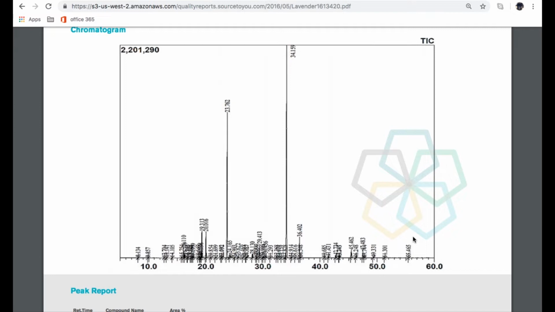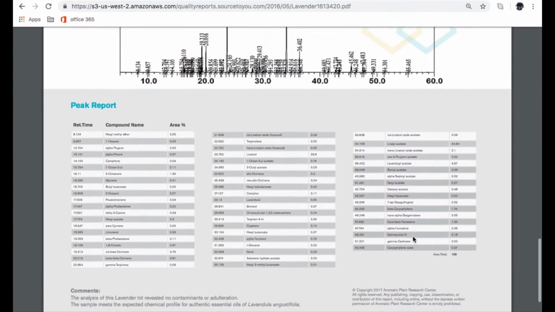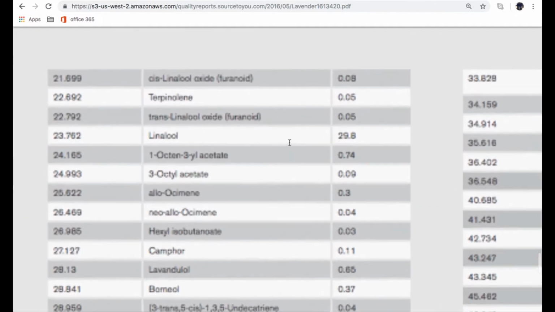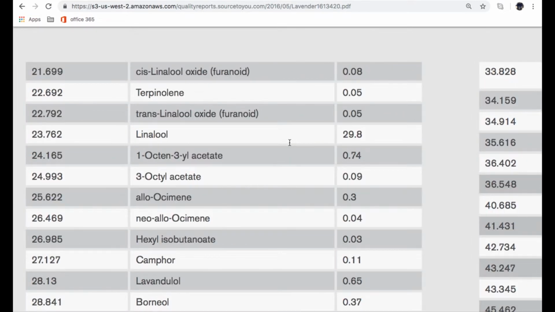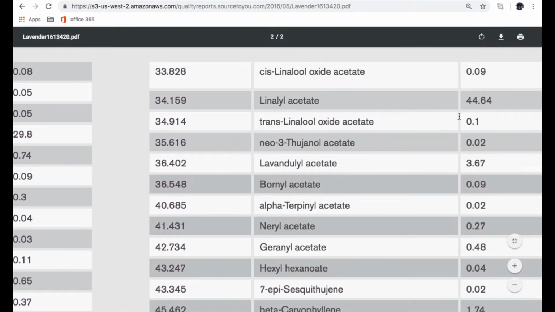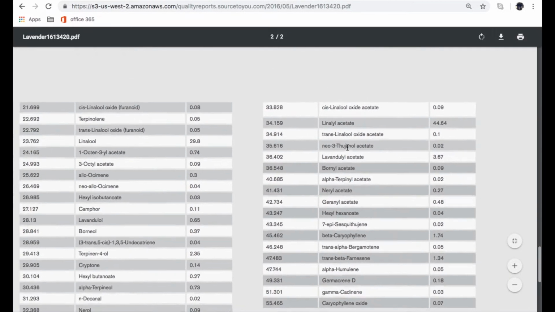For example, in lavender, the two that are highest are linalool, and this bottle here has 29.8%, and the other is linalyl acetate, which is 44.64%. So those are the two main constituents, and they are very high as far as this bottle.